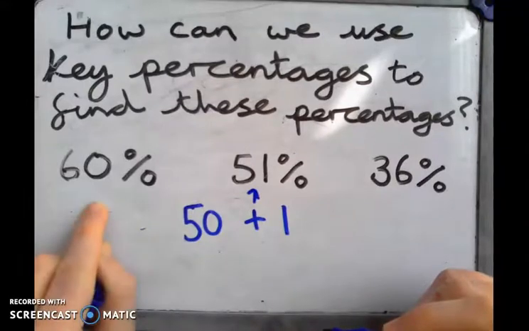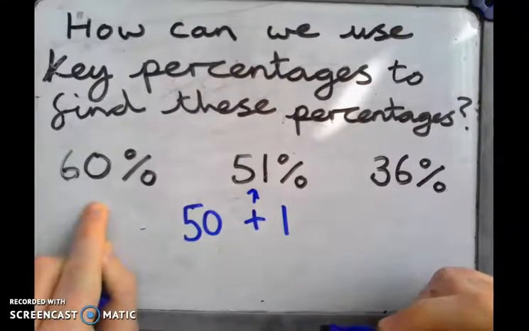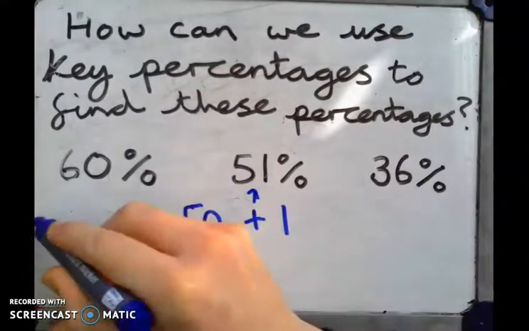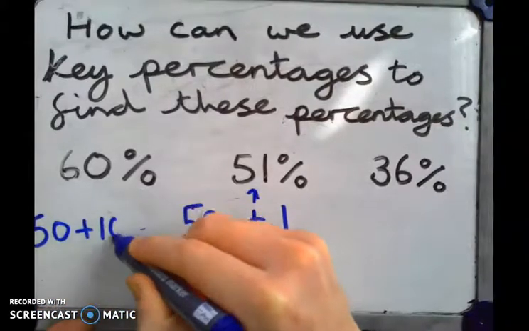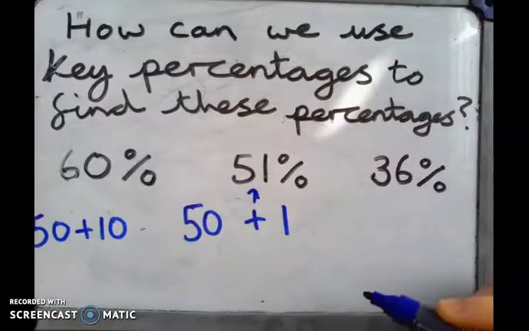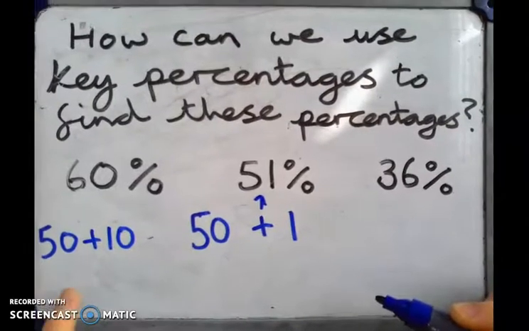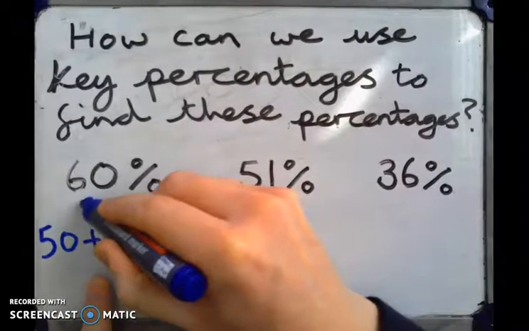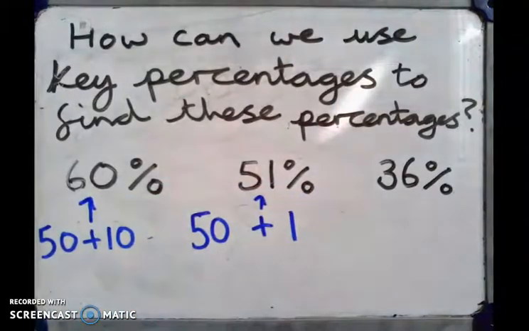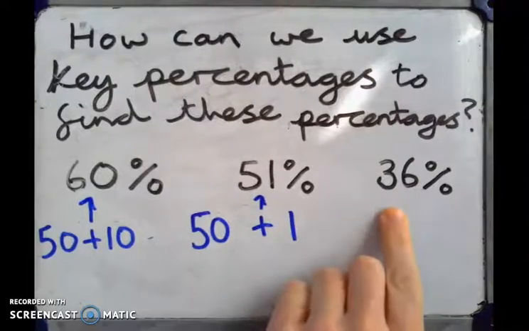If we look at 60%, we also know that 60 is made up of 50 and 10. If we find 50% of a number and 10% of a number, add them together, we'll have found 60% of a number. What about 36%?